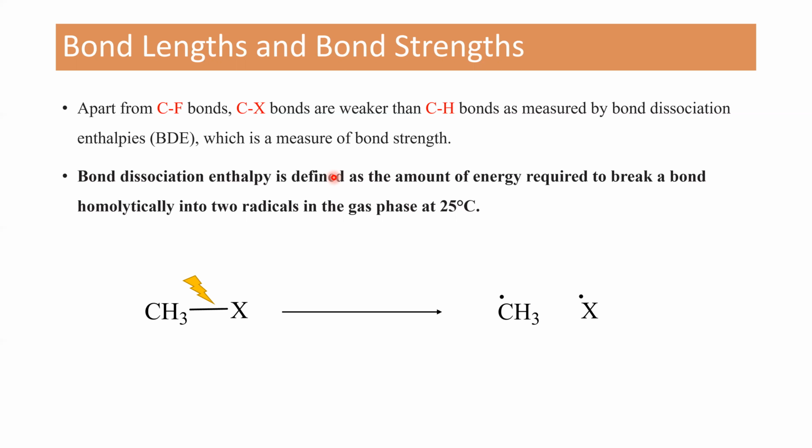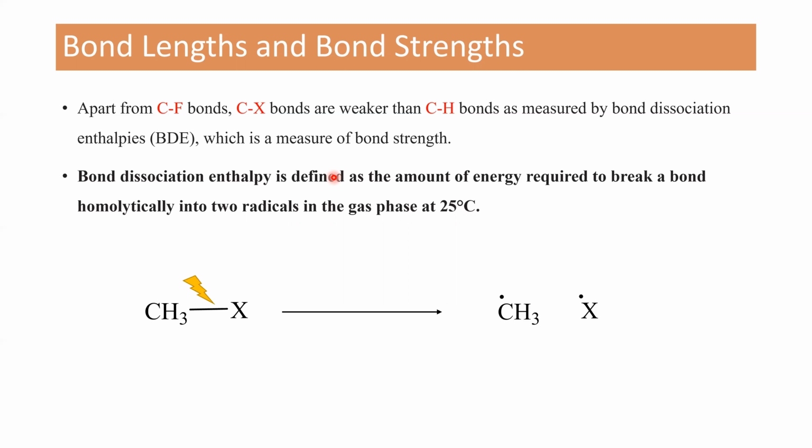From these, with the bonds formed and the bonds broken, you can easily calculate the energy of the reaction, whether it is endothermic or exothermic, by combining all of the energies of bond formation and bond breaking.